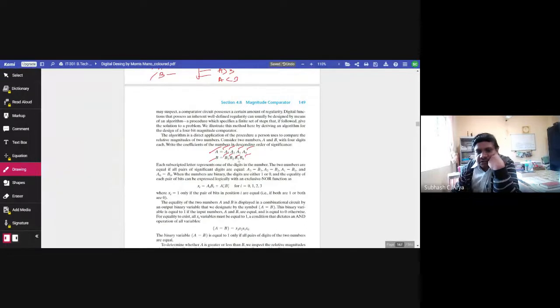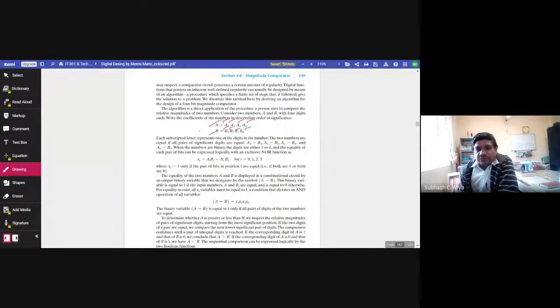Now, when two numbers are equal, when A is equal to B, what is the condition? How will we take the decision that A is equal to B? The simple thing we know is that we compare bit by bit, starting from the MSB, the most significant bit.